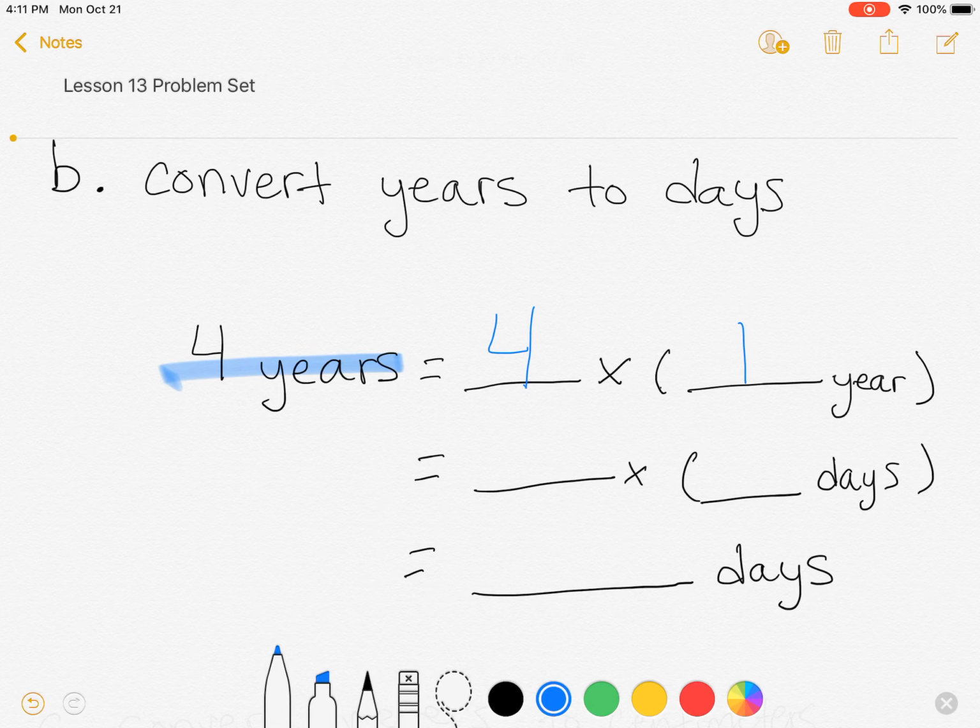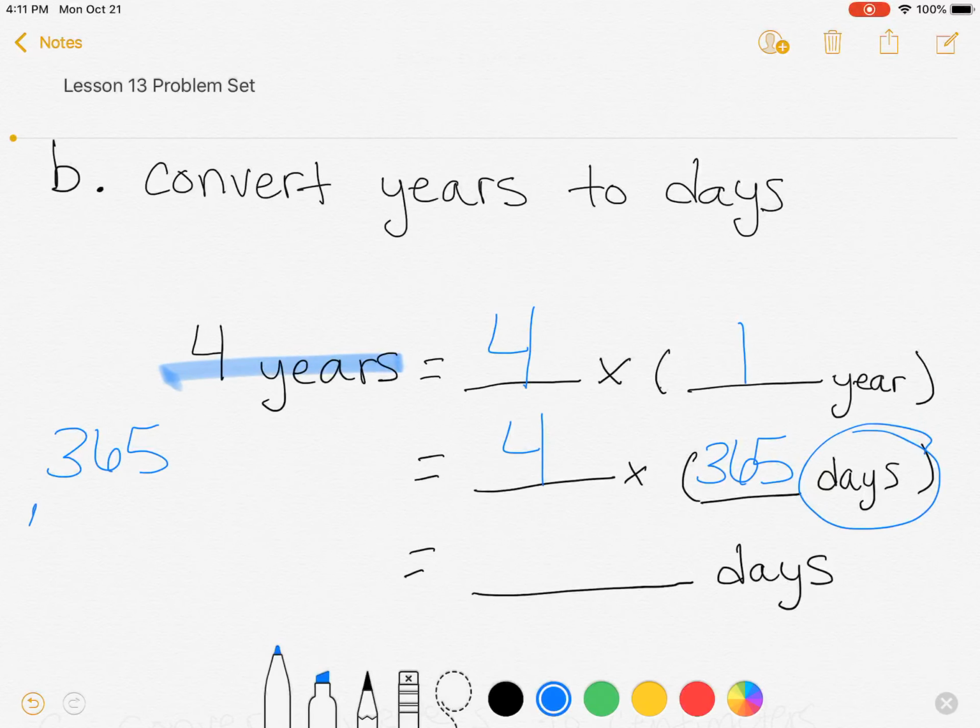Okay, so we're rewriting this again. We still have 4, but this time, this is super important, we are changing the unit year to days. So how many days are in 1 year? 365. Now we can multiply and find out our answer.